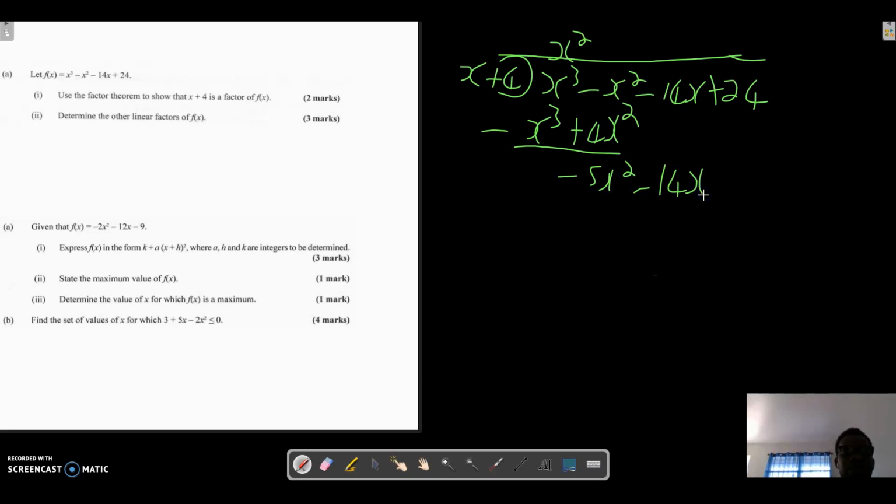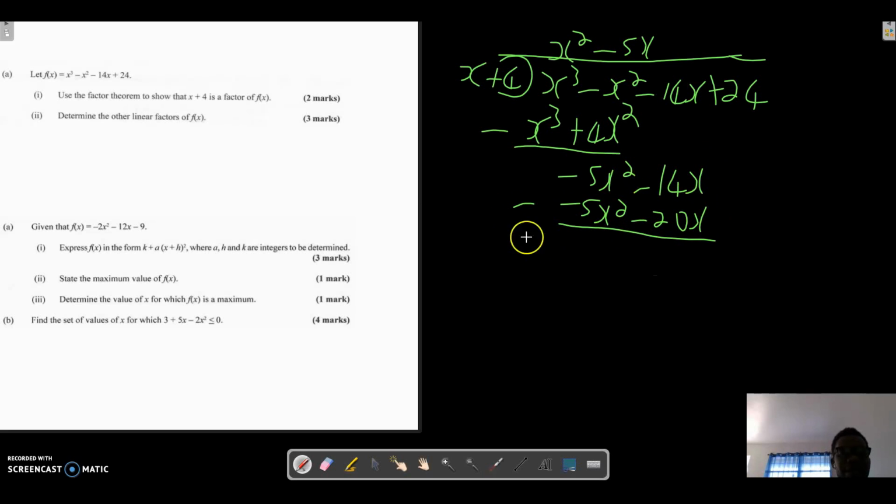Now x into minus 5x squared would give me a minus 5x. Minus 5x times my divisor is minus 5x squared, and minus 5x times 4 is minus 20x. And we subtract. Now we have negative 14 minus 20. Now these two consecutive minus signs would give me a positive.